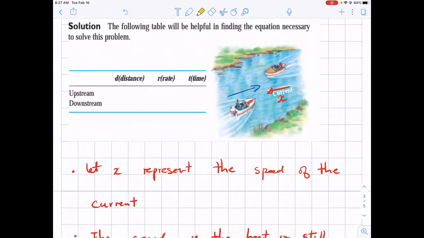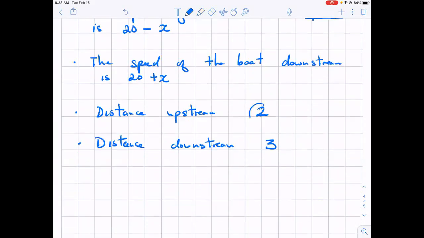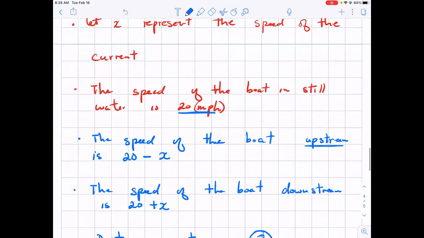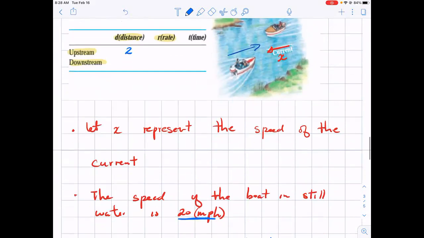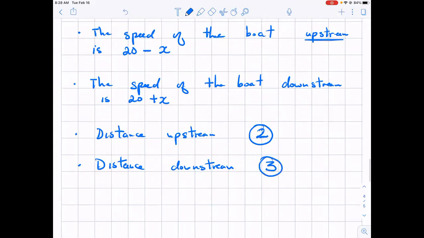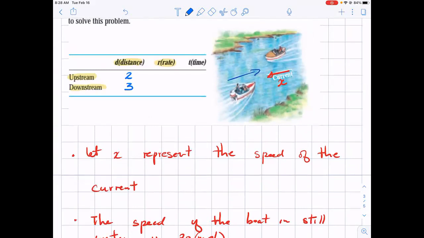We're talking about the distance, we know the rate, and we're talking about upstream and downstream. The distance upstream is 2, so I will write that in there. The distance downstream is 3, so I will write it here.